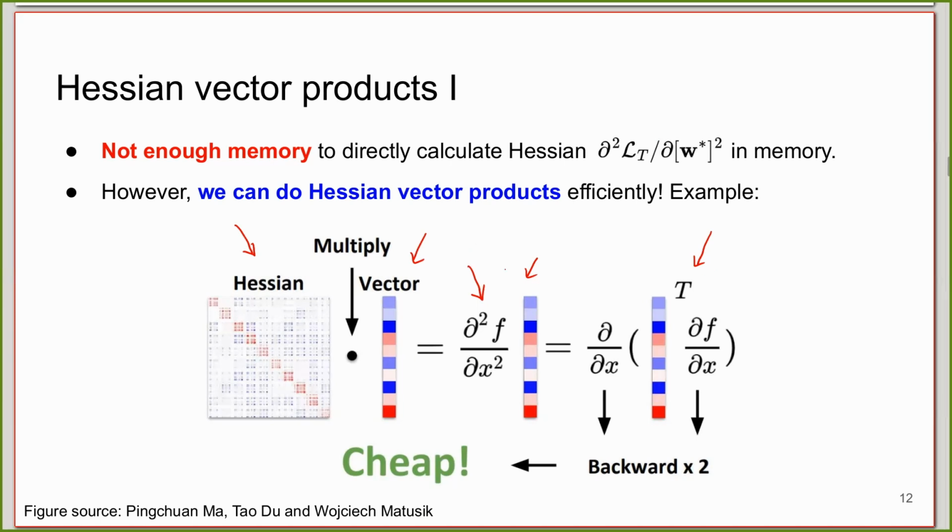And then you will get a scalar, and then you could differentiate that. And that's actually like similar to two backward passes, and that's going to be efficient. Okay, so you can actually do efficient Hessian vector products, and maybe you can exploit this in the calculations.